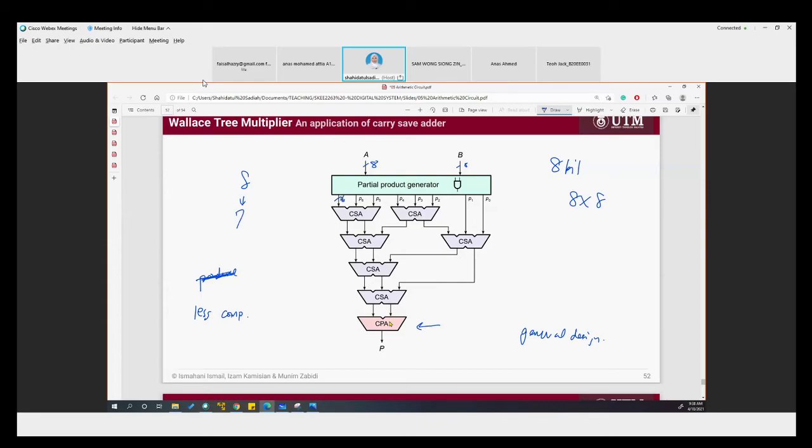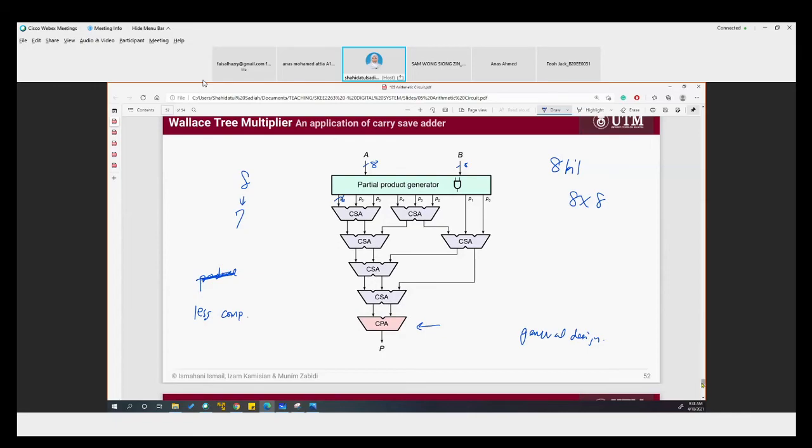Okay, but now we have 6 instead of 7, and the efficiency will be much better if we have a longer bit to be added. All right.